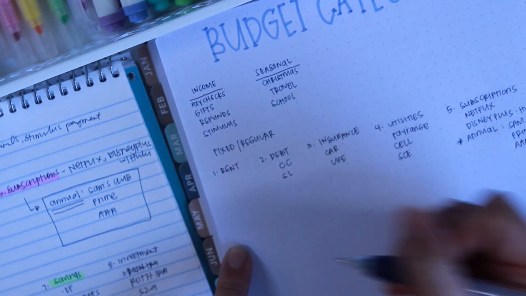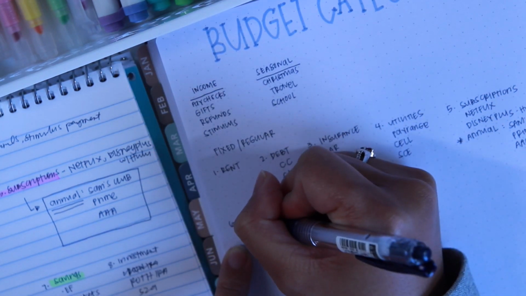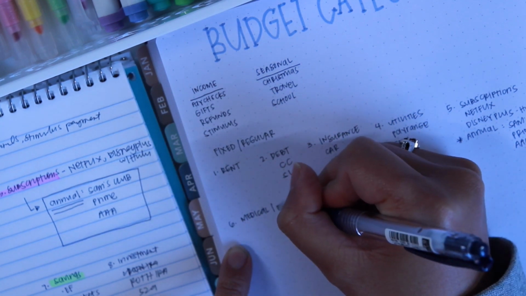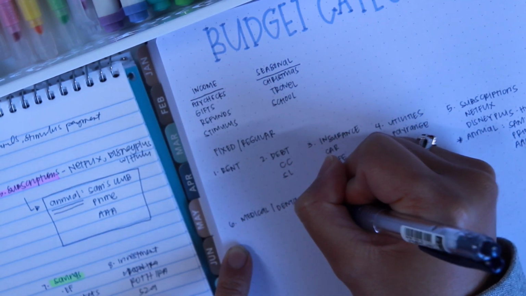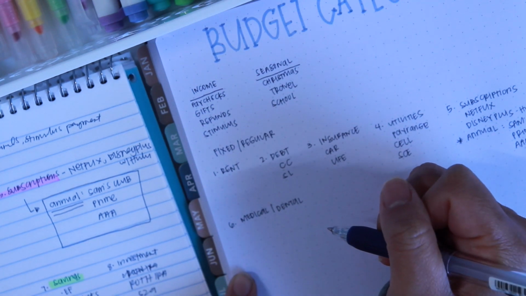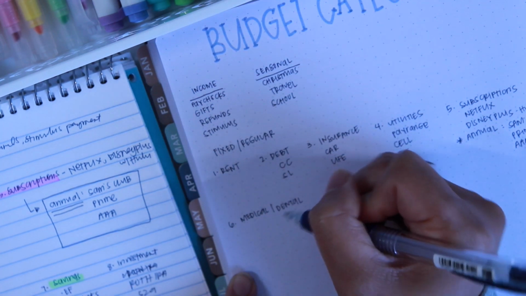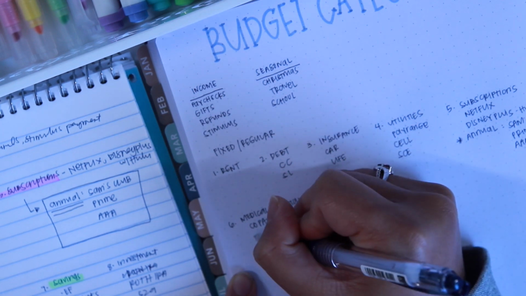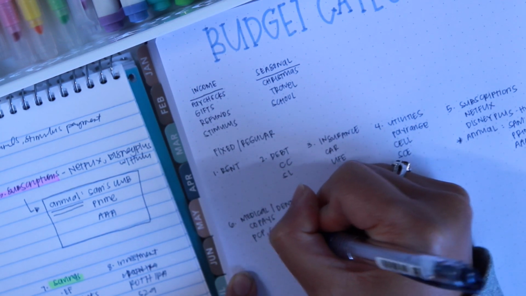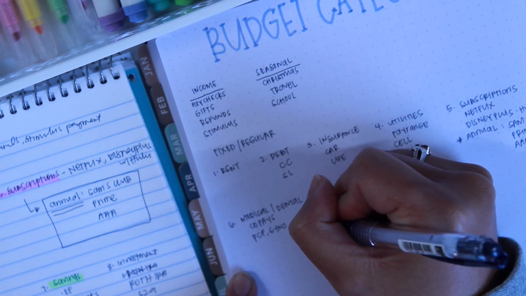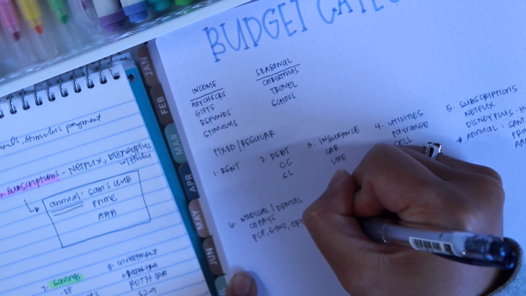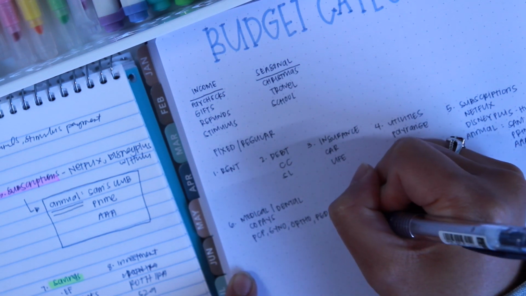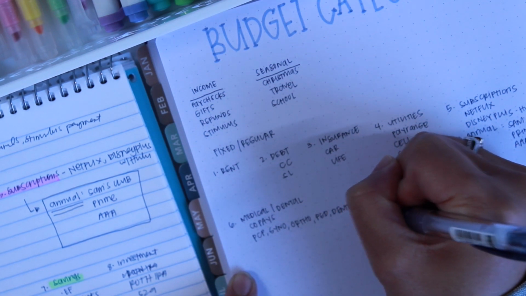And then number 6, medical and dental. I decided to add this because we've been having so many medical and dental expenses, especially in the last 2 years. So I'm just going to add that on here: copays, PCPs, gyno, my husband sometimes sees an orthopedic doctor for his foot, pediatrician, dentist, of course.